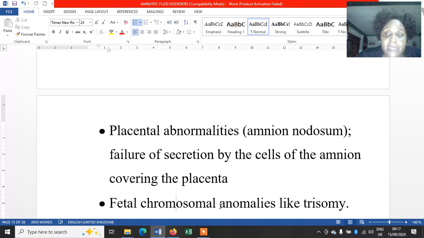Like in the beginning, we looked at the general mechanism of amniotic fluid, that it is the placental cells and the amniotic membrane cells which produce amniotic fluid. So there can be a condition called amnion nodosum, which is failure of secretion of amniotic fluid by the cells of the amnion covering the placenta. The condition is called amnion nodosum.